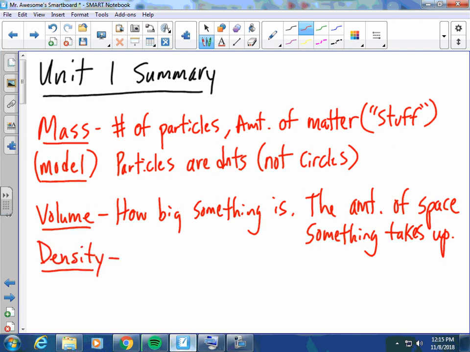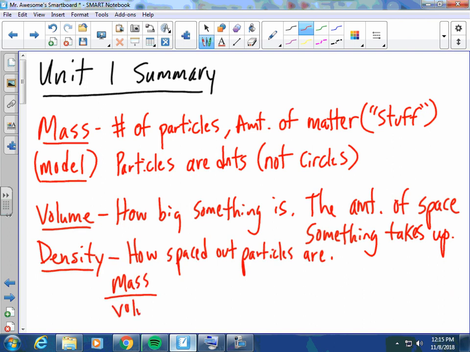All right? How spaced out particles are. We know that it's the mass per volume, right? Mass in grams.